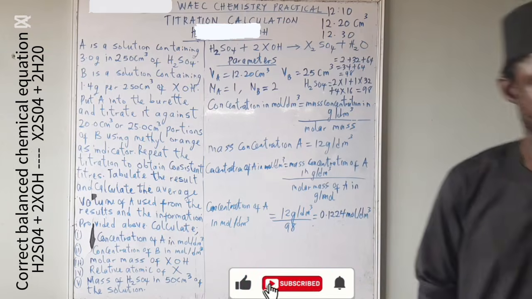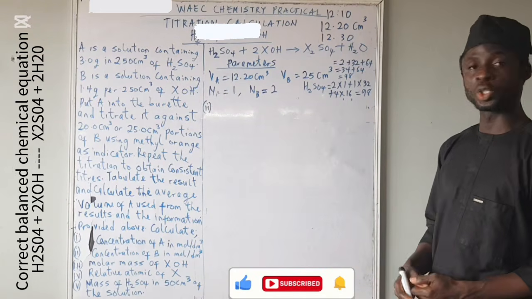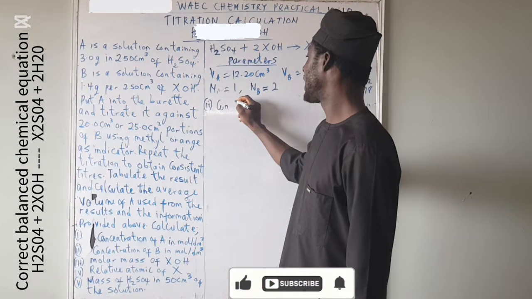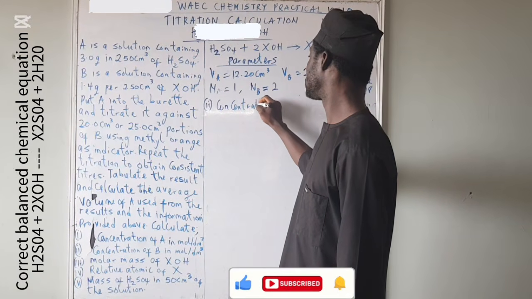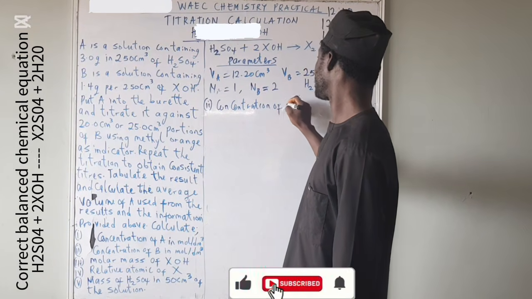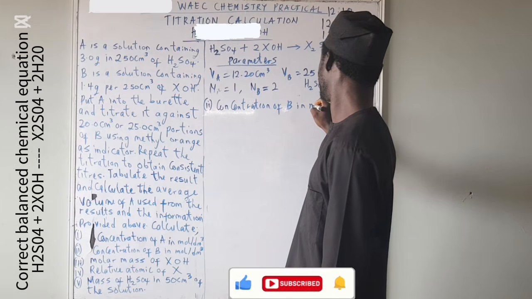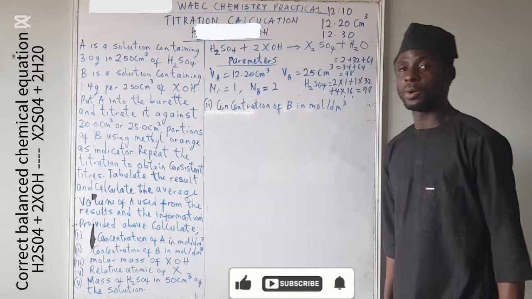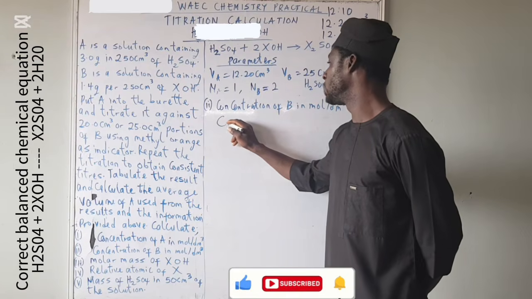Now let's go to our second question, and that will be very fast. The second question is the concentration of B in mole per dm cube. We want to find the concentration of B. Now, you remember this formula I told you?